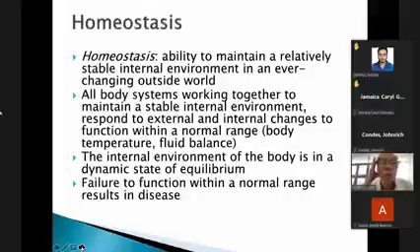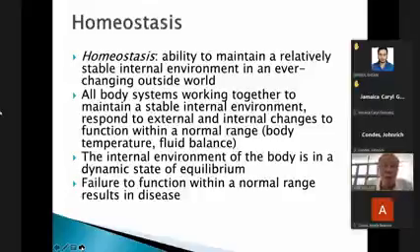All the body systems work together as one, maintaining a stable internal condition in responding to external and internal changes within a normal range. So the body controls the temperature, the fluid balance, etc. And whether there is a change in temperature or in the environment, the body has to maintain within the normal range in order to be considered in optimal or physiological condition.